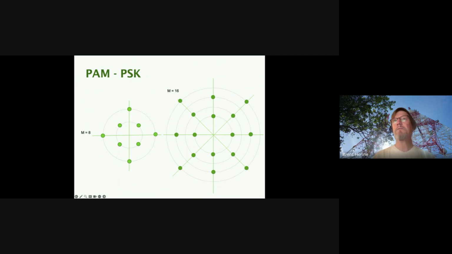So here we've got a combination of pulse amplitude modulation and PSK. Now we're still arranging things radially or in an angular sense, but now we've introduced some different amplitude levels.